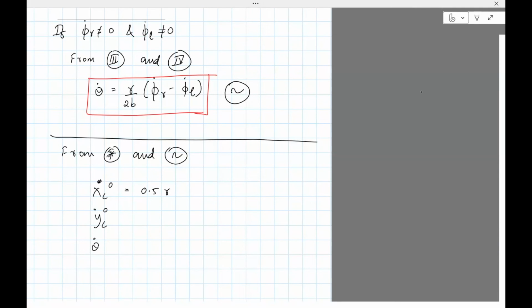So 0.5 r times phi dot r plus phi dot l times cosine theta, then sine theta, and this will be 0.5 r divided by b times phi dot r minus phi dot l.